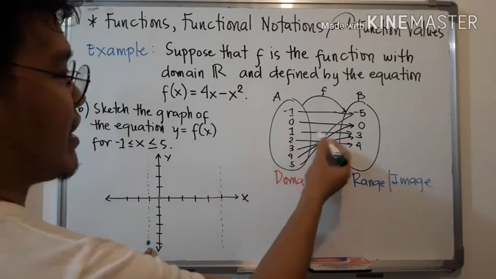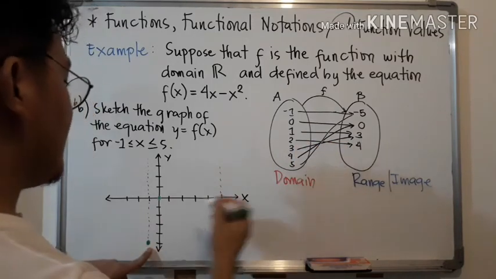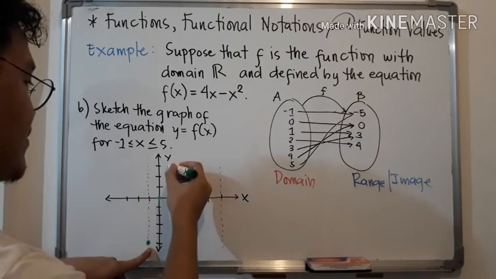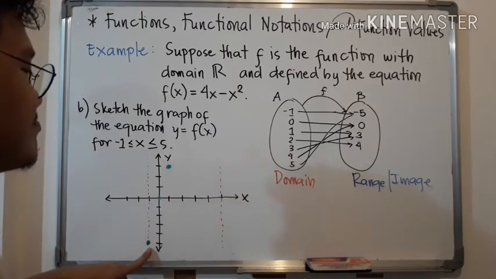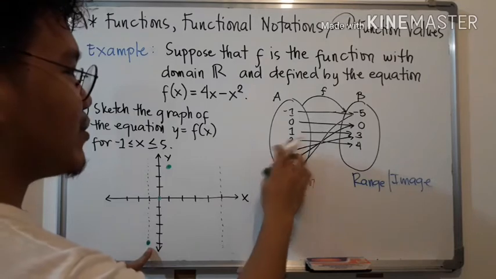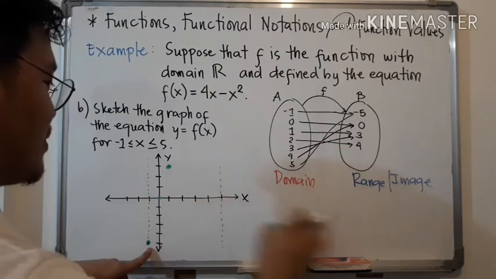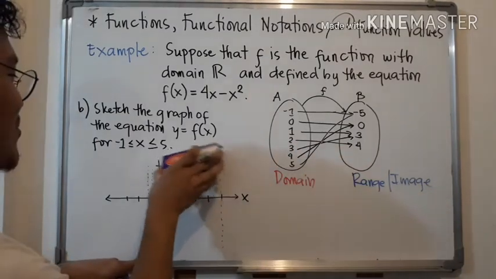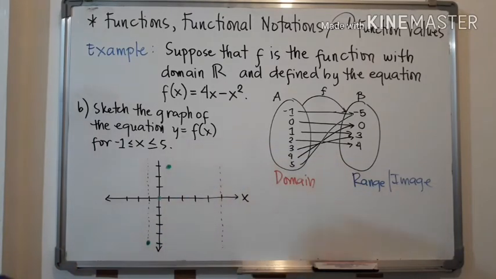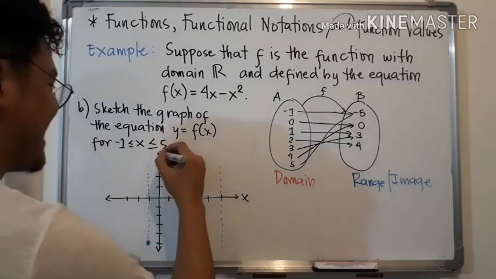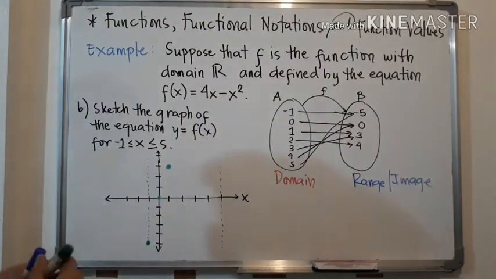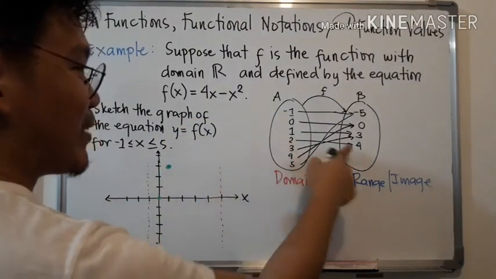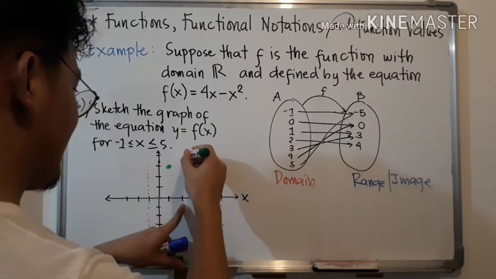Then we have positive 1 and positive 3, and positive 2 and positive 4. Say this is positive 4.